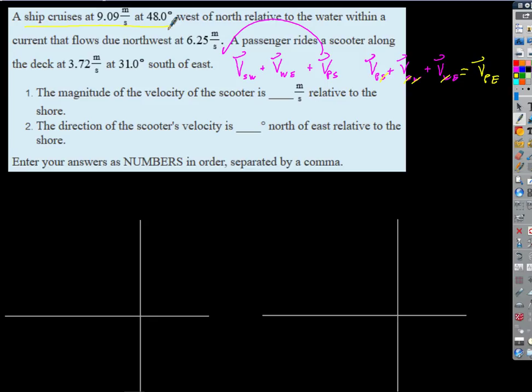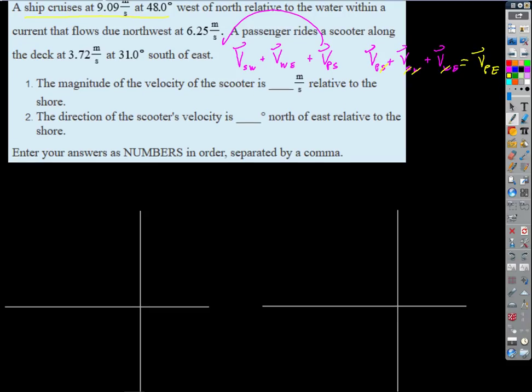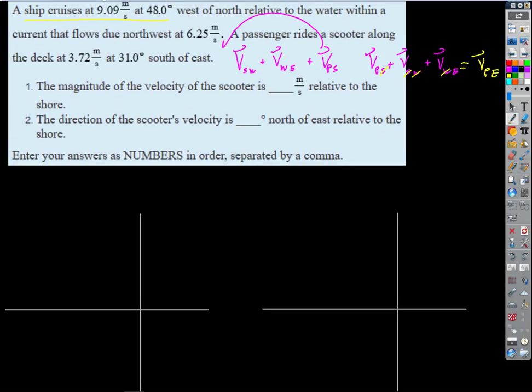So how does this one fit if it's 48 degrees west of north? How am I going to draw that vector on this set of axes here? Second quadrant. So second quadrant, isn't it? And where's the 48 degrees? If it's west of north, good, we're starting north and we're sweeping out angle to the west, so that's going to be theta right there, isn't it?